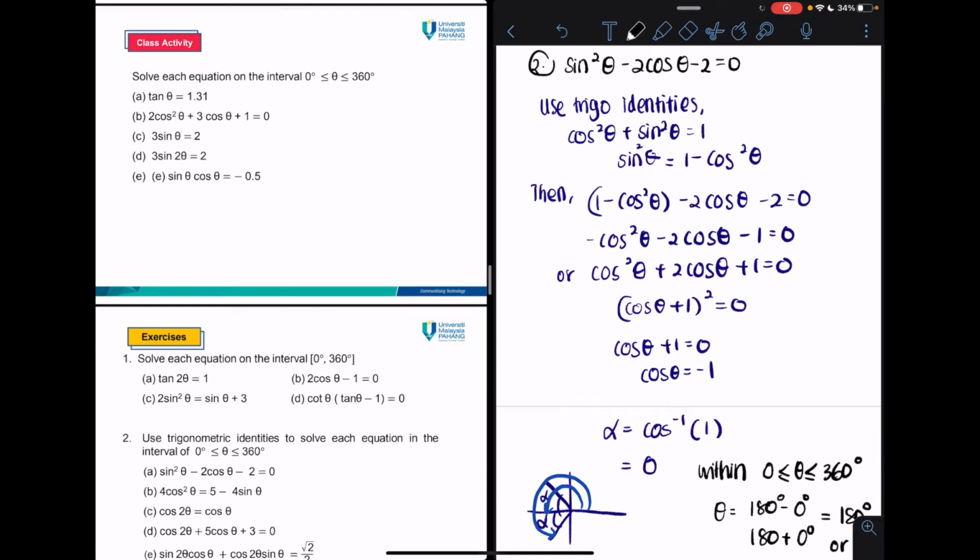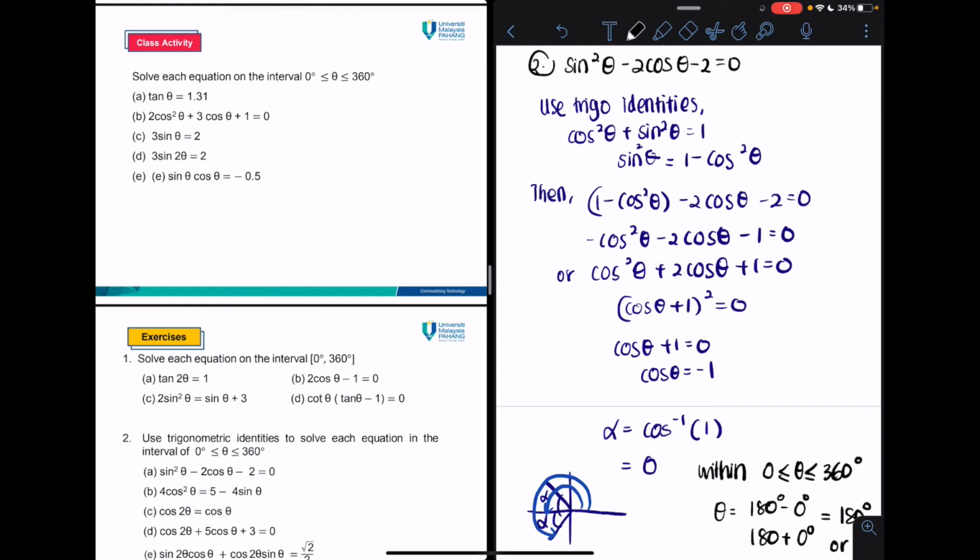Sine squared theta is equal to 1 minus cosine squared theta. Based on the original expression given to us, replace sine squared theta with 1 minus cosine squared theta. You will end up having negative cosine squared theta minus 2 cosine theta minus 1 is equal to 0.